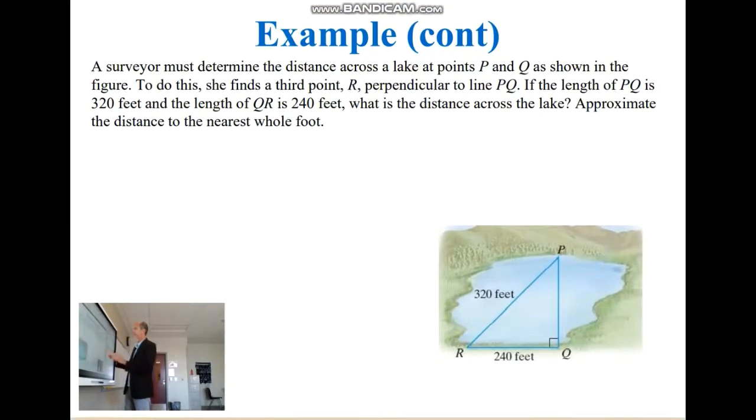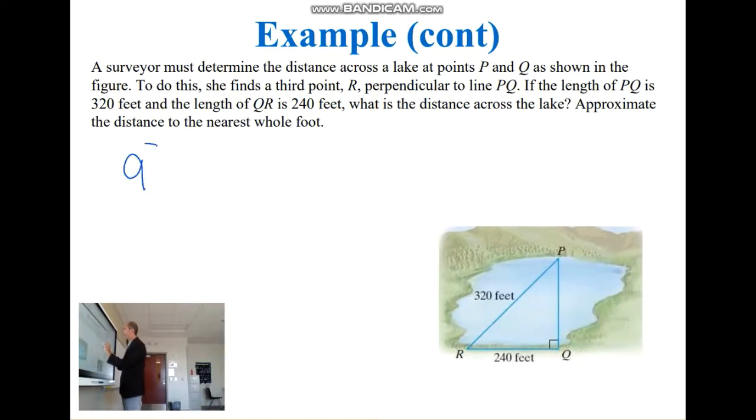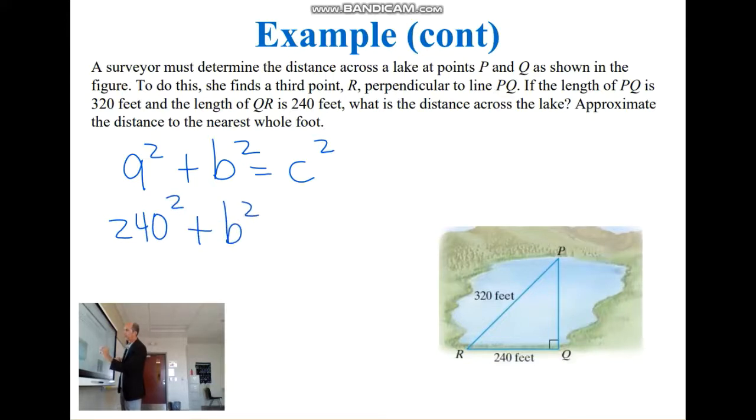Let's apply here the Pythagorean theorem. A squared plus B squared equals C squared. And we have A is 240, 240 squared plus B squared equals, and C is 320 squared. Okay?